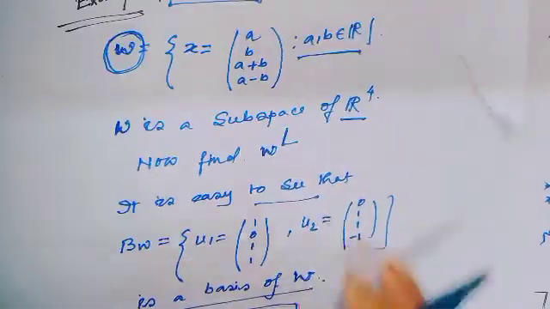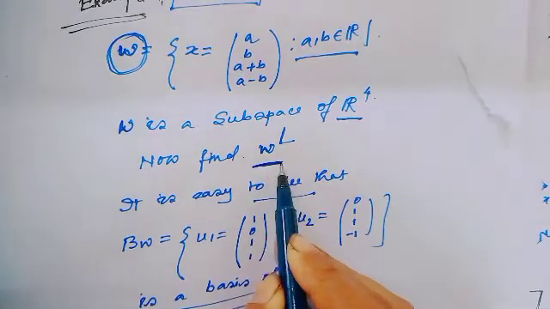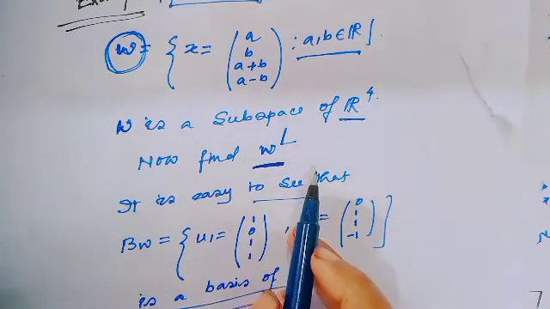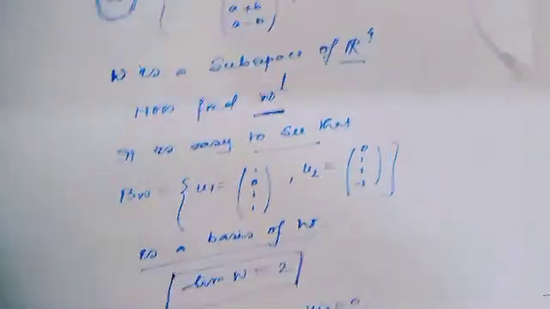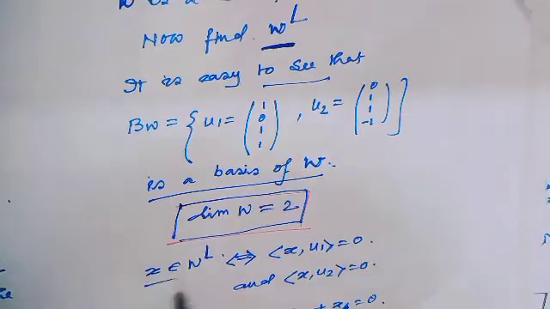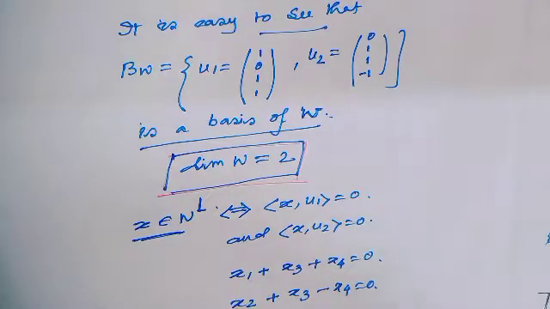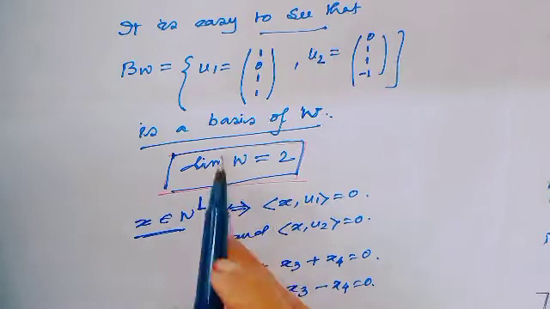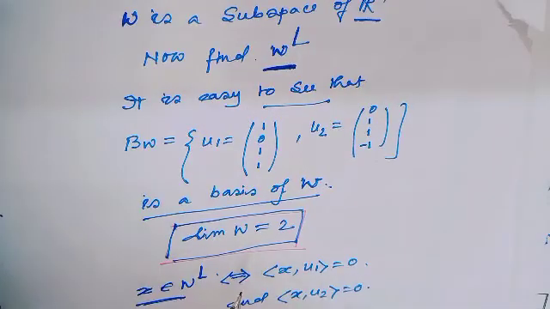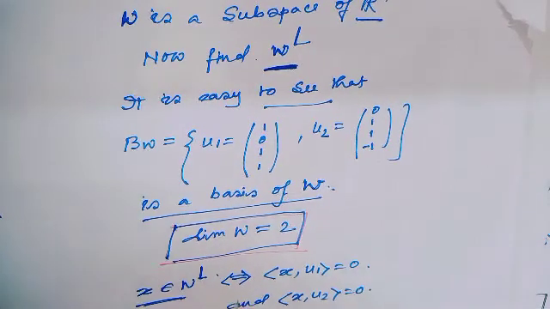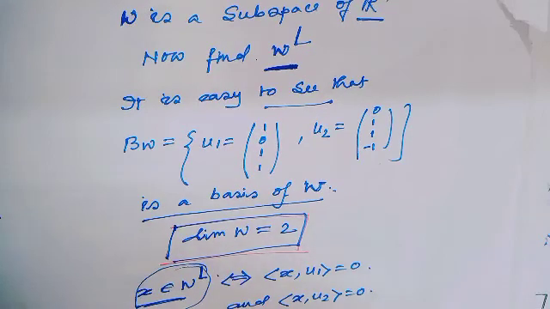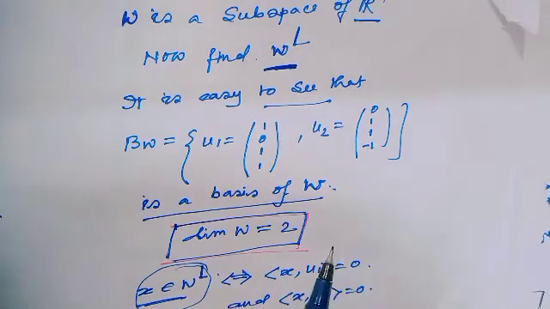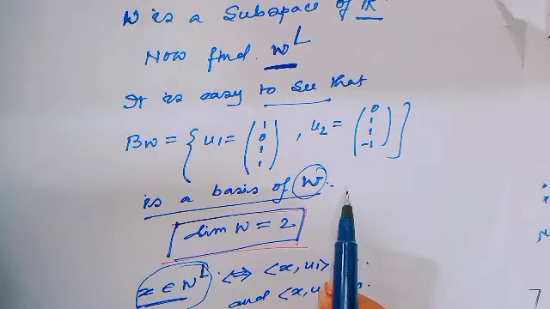Now the actual question is to find the orthogonal complement of W. Consider x belonging to W perp. As I saw a few minutes ago, any vector in W perp is orthogonal to all basis vectors of this subspace.